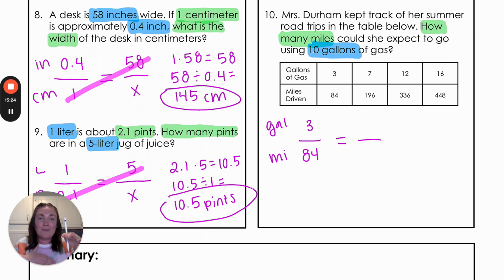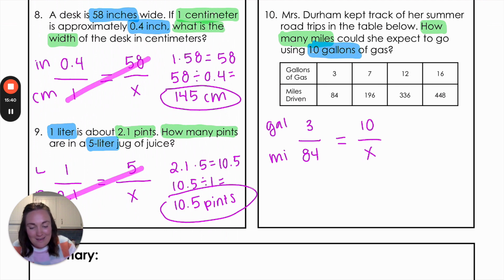So I know that that is true. And now I'm going to go back to that 10 gallons of gas that we know from the problem. So 10 is going to go on top with my gallons, and my how many miles, that variable, is going to go at the bottom. Now I'm going to solve this just like I've been doing with everything else.